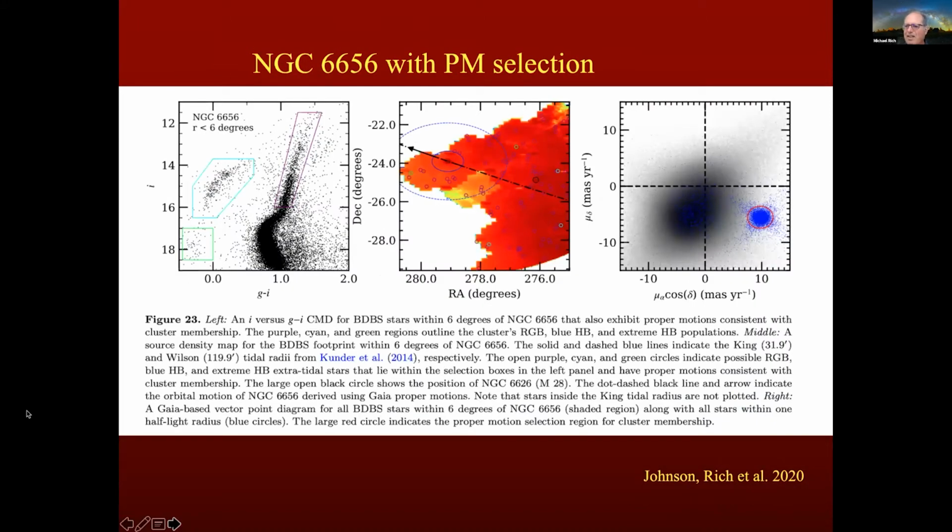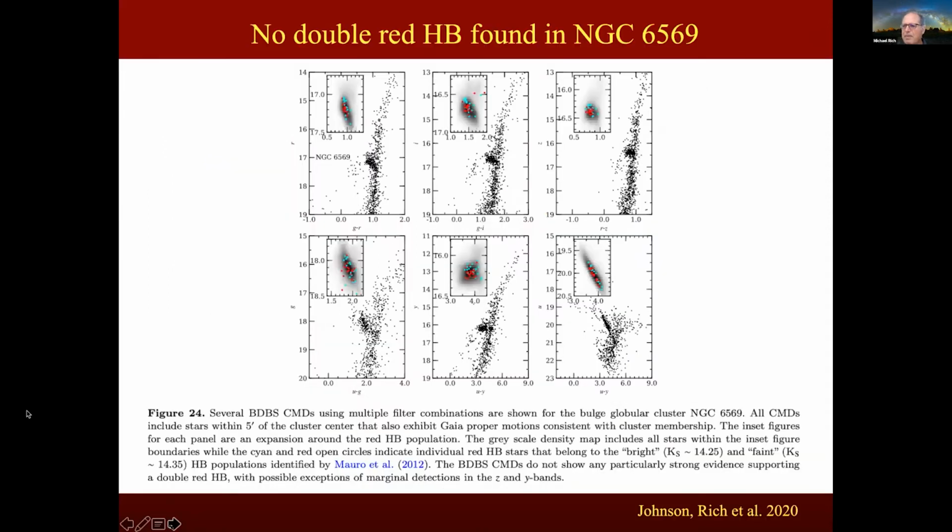One nice thing here, you can see the proper motion selection applied, and you see 6656. So you're picking up members based on the vector point plot on the far right here. You're picking up members that are quite distant from the cluster, and this allows you to do radial population studies, which I'll get to at the very end.